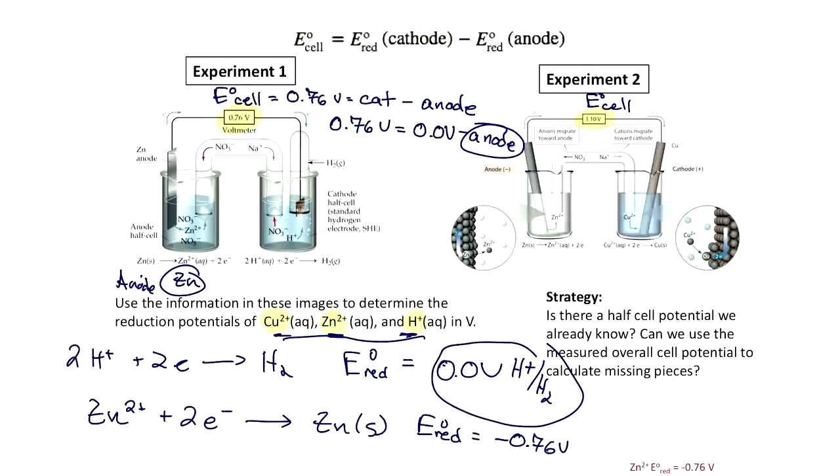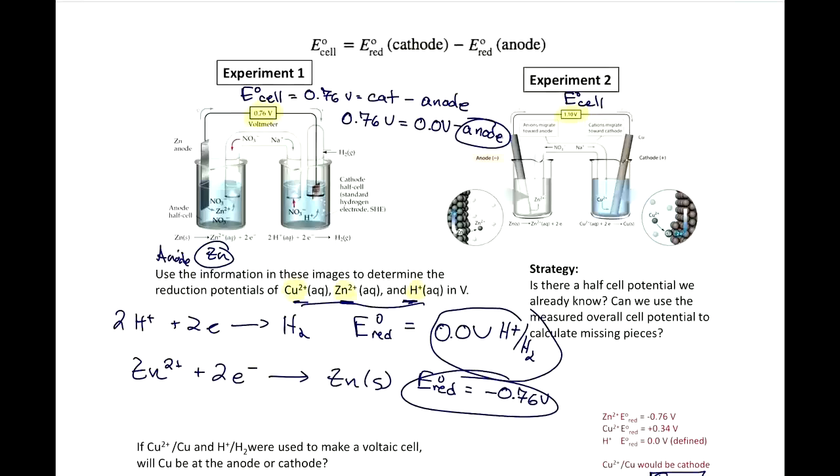The reason is that we know the hydrogen reduction potential is 0, and according to the picture, hydrogen is the cathode. So if we do cathode minus anode, the reduction potential of zinc has to be negative 0.76 volts. Good, there's the answer right there.